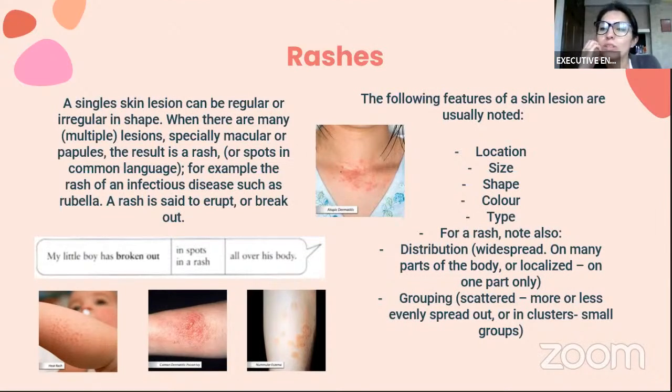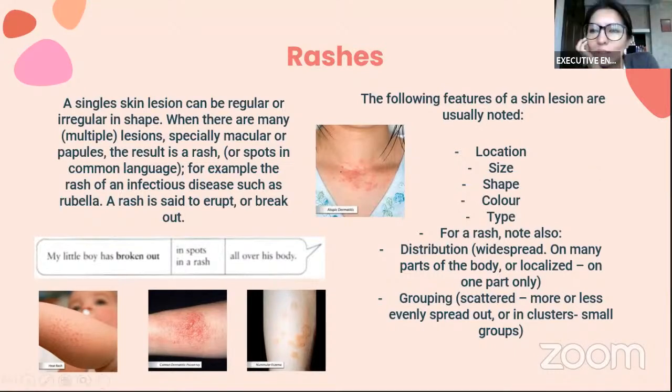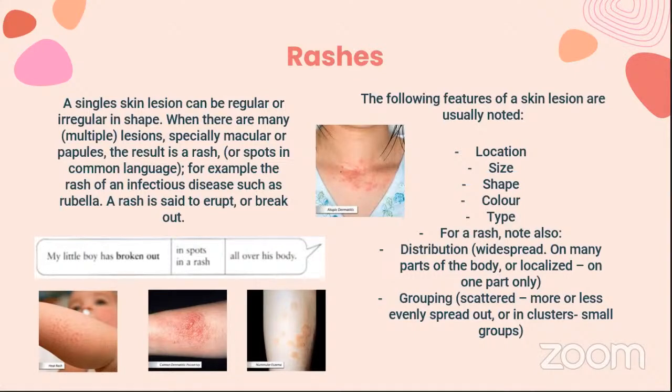Okay, perfect. So for example, if you want to describe some of these lesions, what would you say? Just a little bit, not the whole thing. Maybe, taking in mind location, size, shape. For example, my patient has a furuncle in his nose.